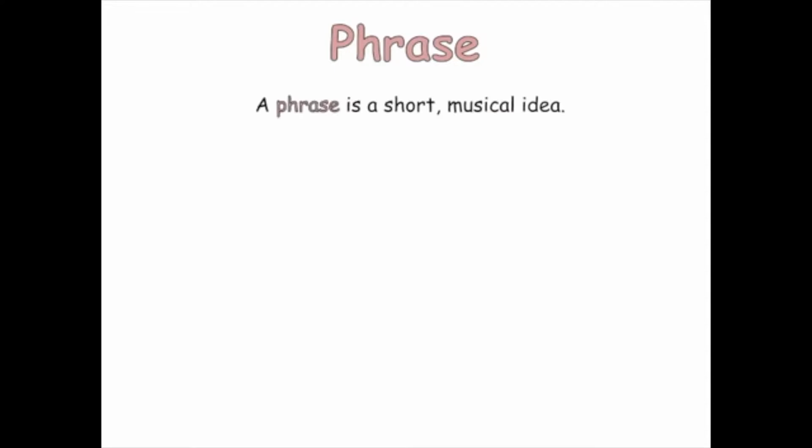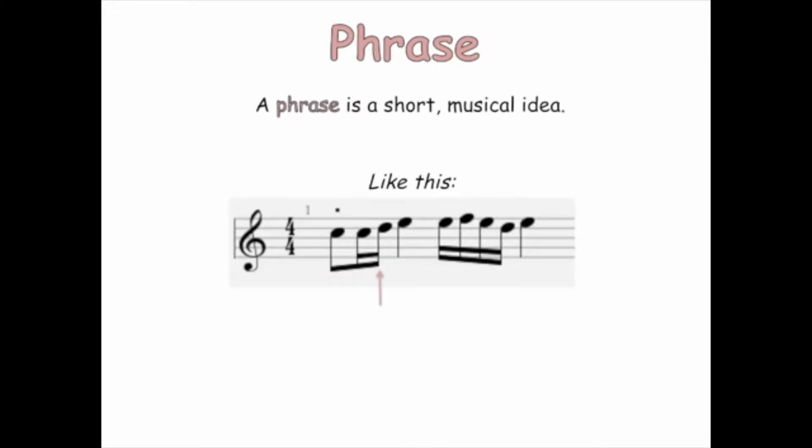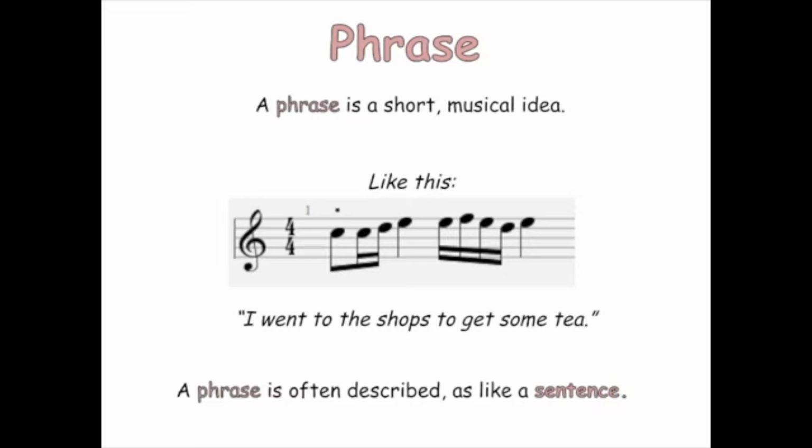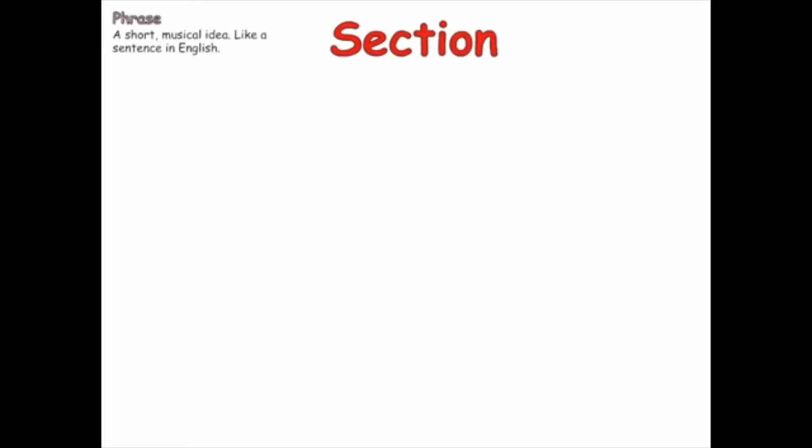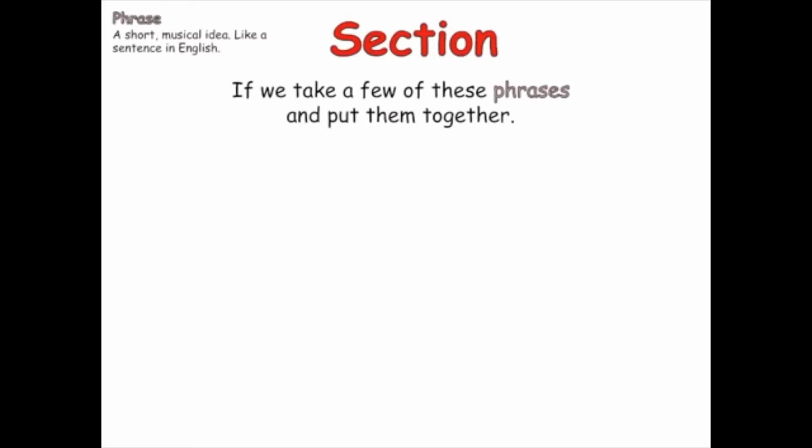A phrase is a short musical idea, like this. A phrase is often described as like a sentence. If we take a few of these phrases and put them together, we get a section like this.